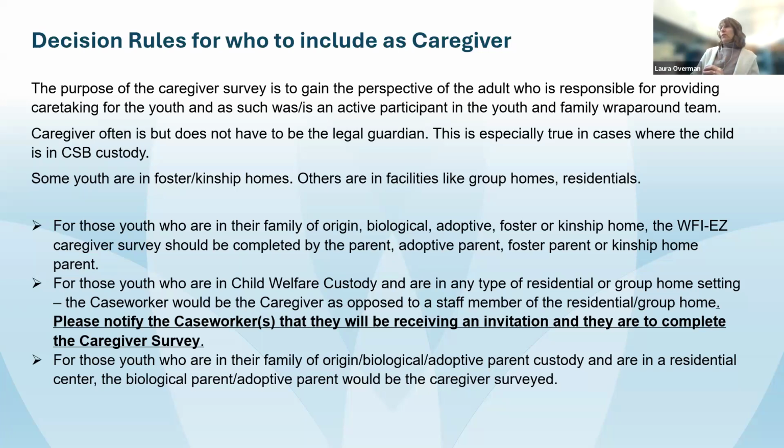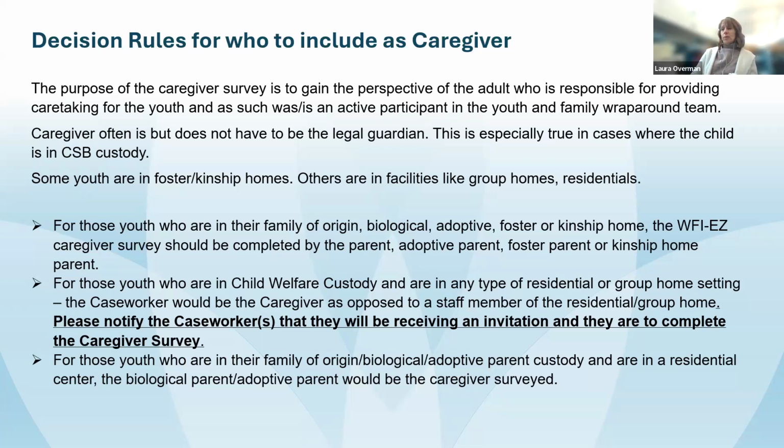But also, if the youth is in CSB custody, some youth may be in foster or kinship homes, others in facilities like a group home or a residential home. So the guideline is that for youth who are in their family of origin, biological, adoptive, foster, or a kinship home, the caregiver survey would be completed by the parent, adoptive parent, foster parent, or kinship home parent.